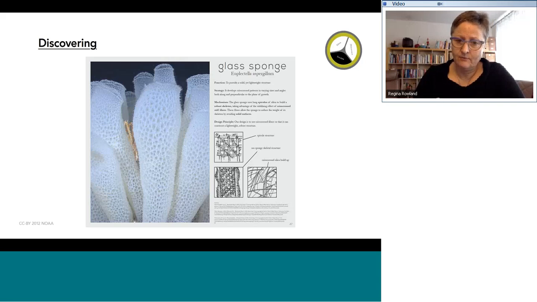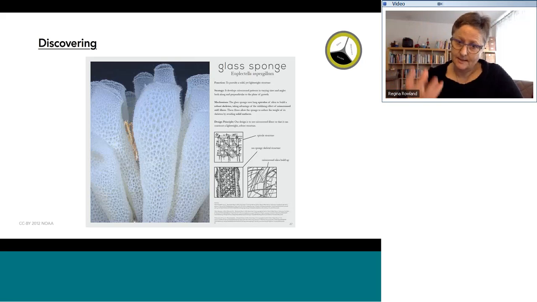If you pick up one of these glass sponges, it's as light as a feather. But it can withstand very strong current in the ocean. And it catches its food by funneling smaller organisms that slip through the holes in the glass sponge, and then they can't find their way out. They stay as food inside.